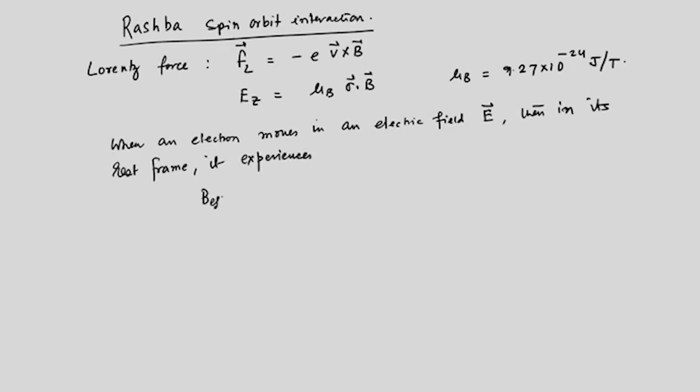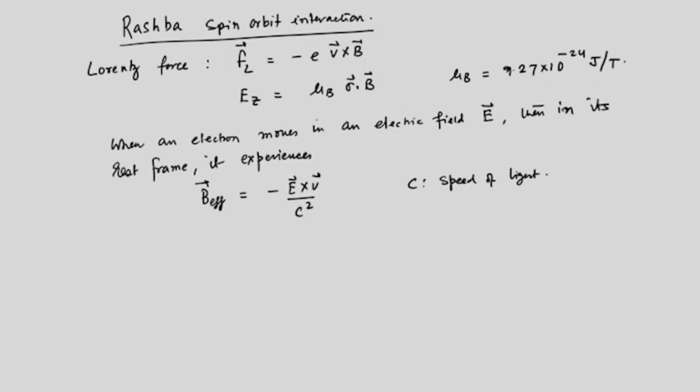B effective is given by minus E cross v divided by c squared, where c is the speed of light. This is electrodynamics; you can check Griffiths' book.